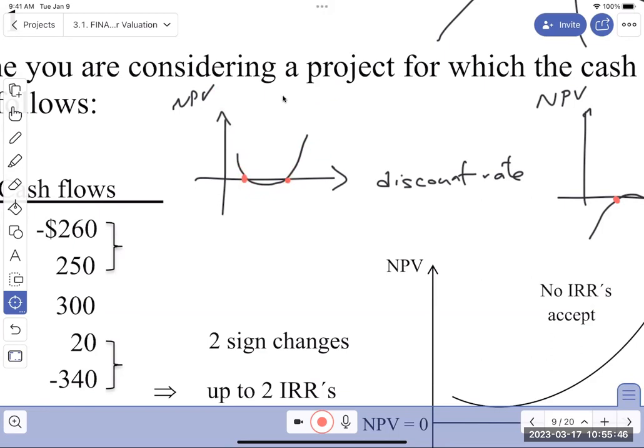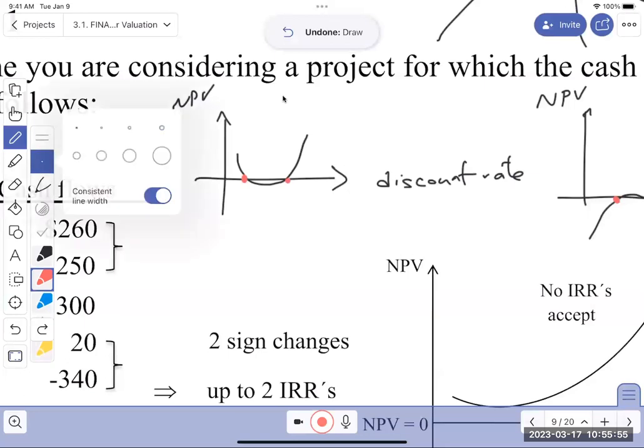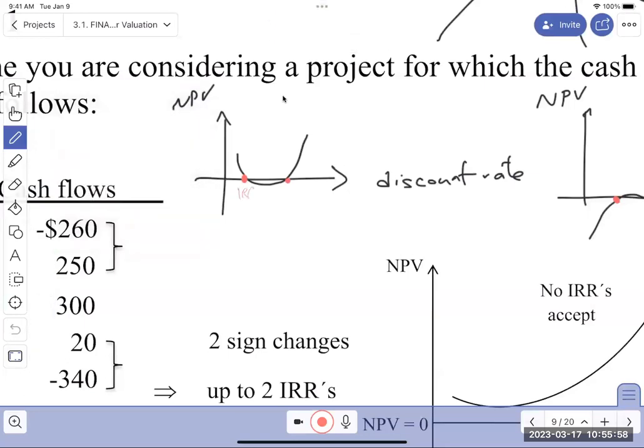But the dots are here, so that's most relevant. Those mark the IRRs. So what do I say? Remember, when we don't know what to do, we go to the NPV rule. So that's IRR1 and that's IRR2. I have to show you how to get those from the calculator. Or in our case, we'll only be able to get one, but I'll show you how to get the second one. So how do you summarize if that's your picture?